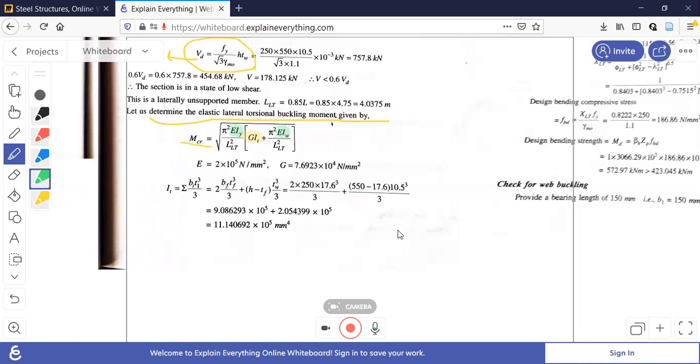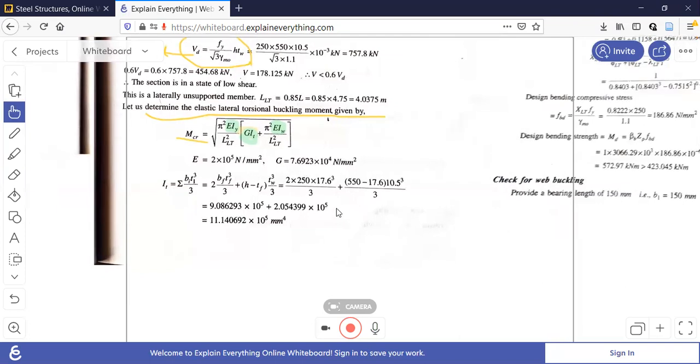Shear modulus into moment of inertia is torsional rigidity. Elasticity into moment of inertia is flexural rigidity. So here you just substitute these values.